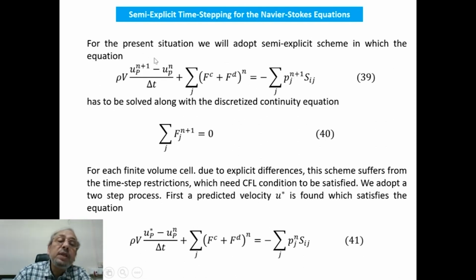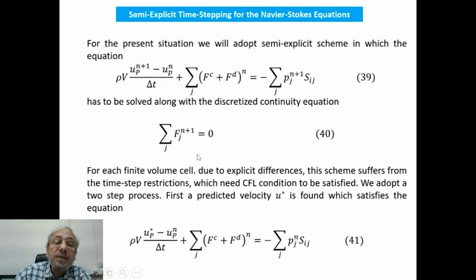And then we have done mass lumping here, rho into volume, and this is u p n plus 1 minus u p n by delta t. And this u can be u, can be v, can be w. Then accordingly p has to be adjusted, and these are the momentum equations in 3 directions. This has to be solved along with the discretized continuity equation.